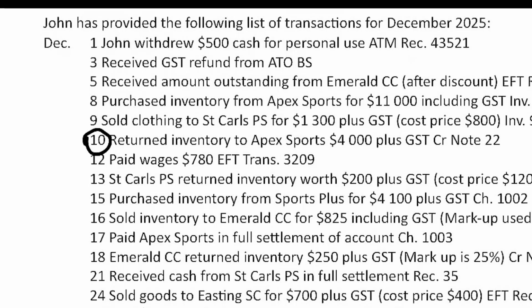Liability decrease. GST clearing increase, opposite, so credit. Inventory decrease, credit. Good. Now see, simply what I wanted to tell you is, if you know the double entry for the purchase of inventory on credit, you simply reverse it.